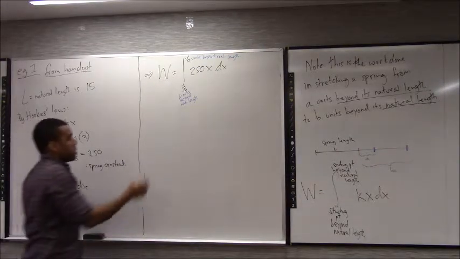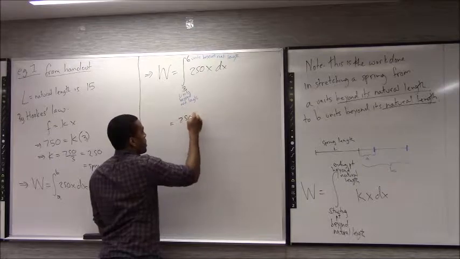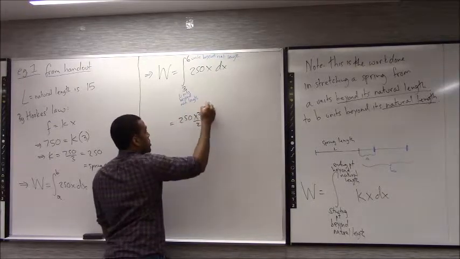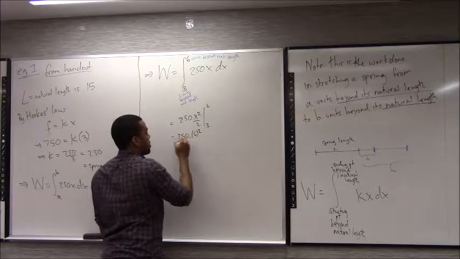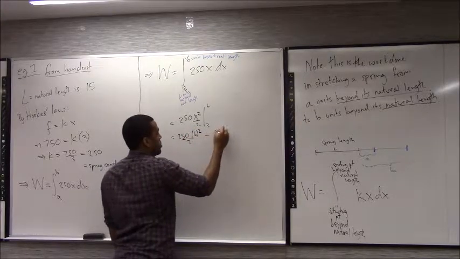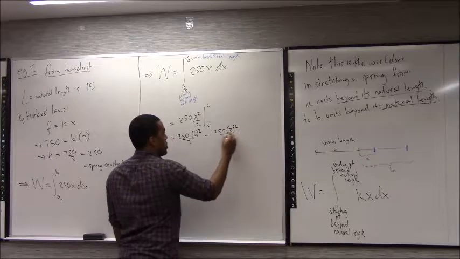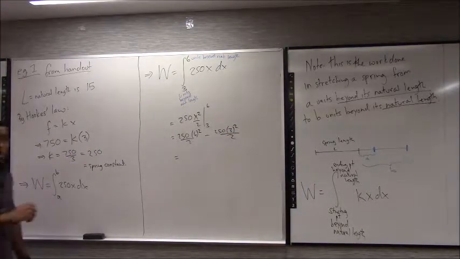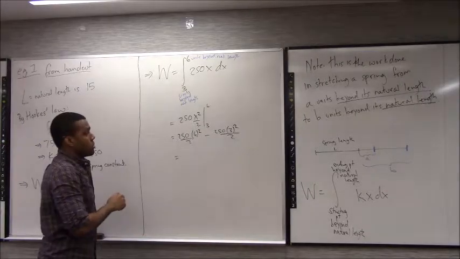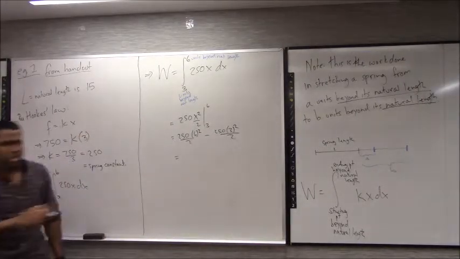And so that one's not so bad, that's 250x squared over 2 between 3 and 6. It's going to be 250 times 6 squared over 2 minus 250 times 3 squared over 2, which is 4,500 minus 1125. I think I wrote the answer here. It's 3375, I think.